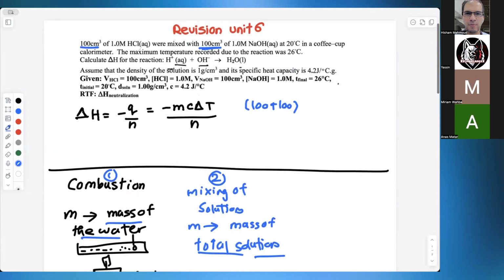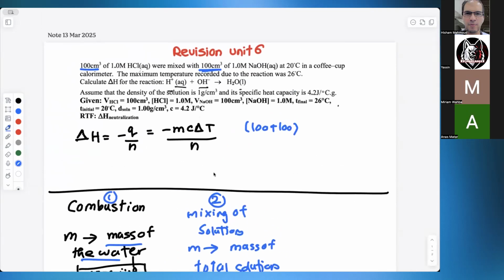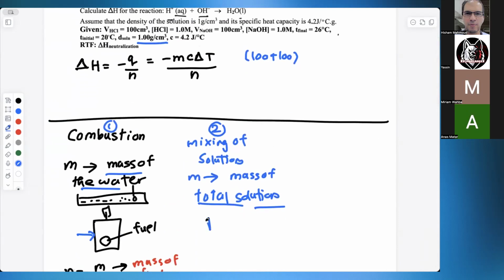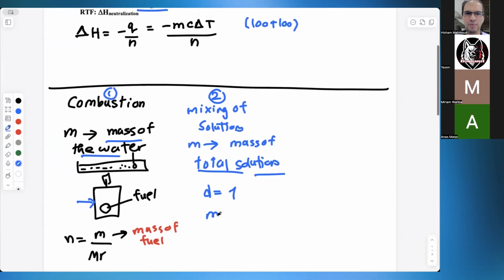And of course, we are treating milliliters the same way as grams, because the density of water here is equal to 1. So if the density is equal to 1, the mass is the same as the volume. So 100 grams is equal to 100 milliliters.